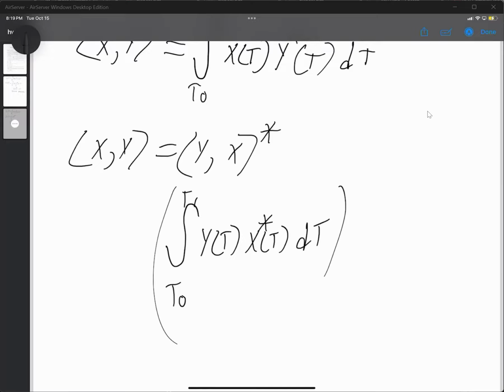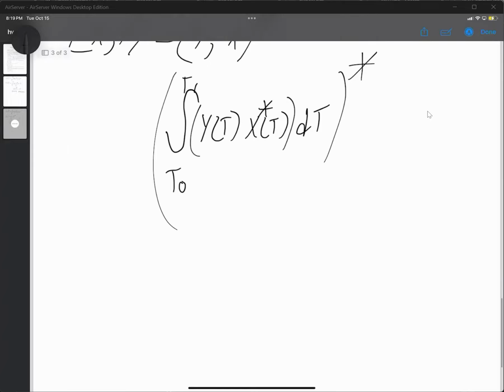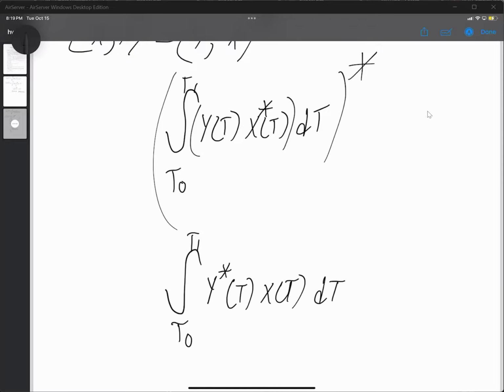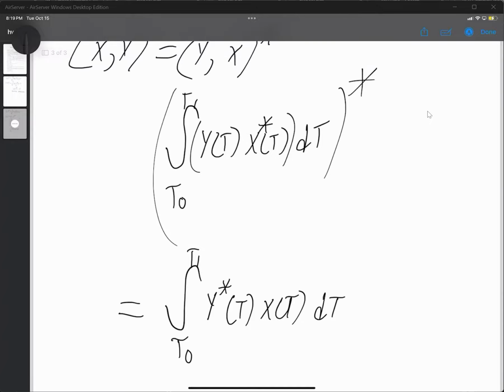So that'll be equal to, which is in fact equal to, which is also equal to the original equation.